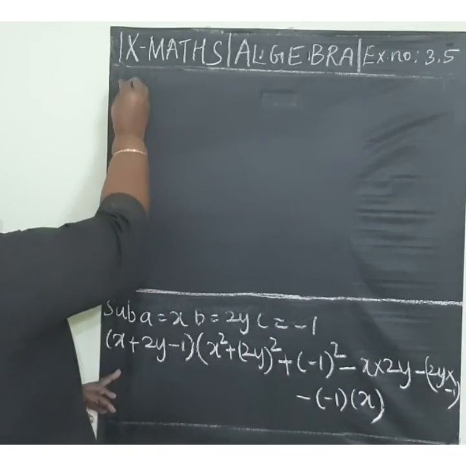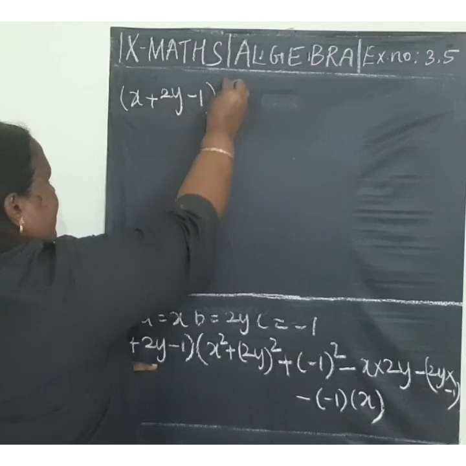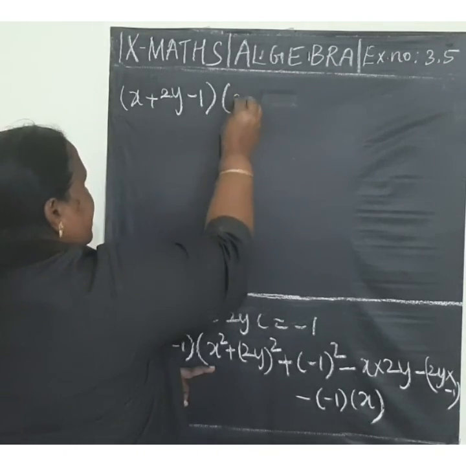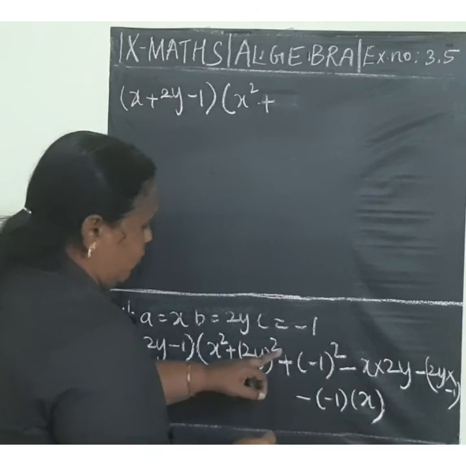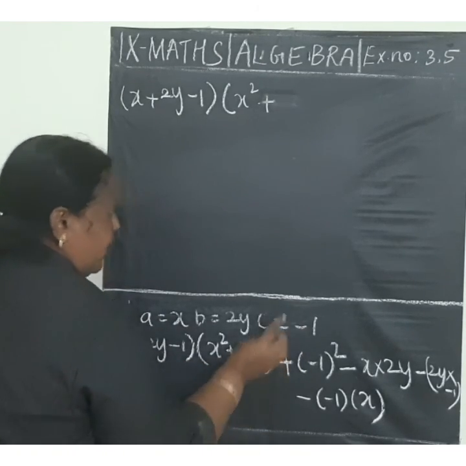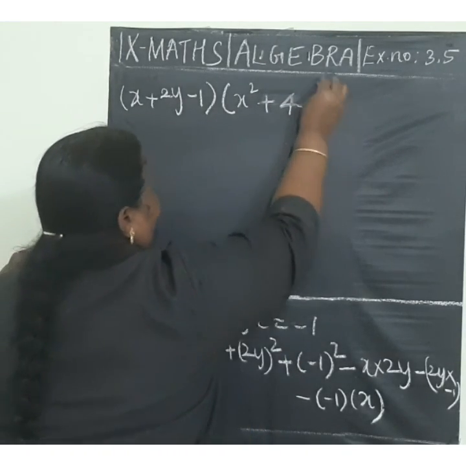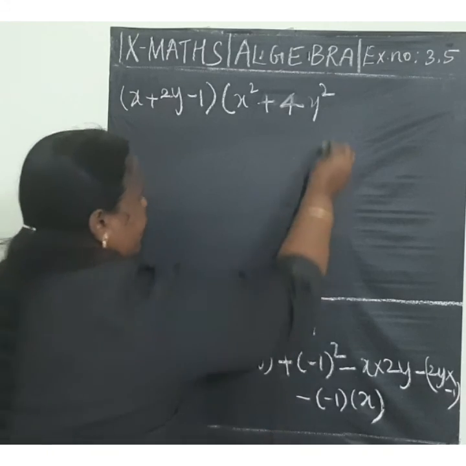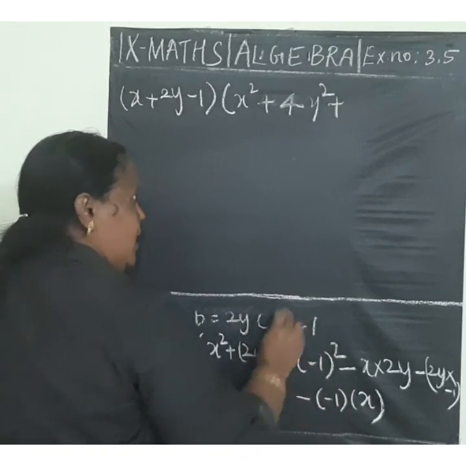Next we have to write x plus 2y minus 1 into this x squared plus 2y the whole square. So we have to square this 2 and y. So 2 squared is 4, y squared is y squared, so 4y squared, plus minus 1 the whole squared, which is minus 1 into minus 1, plus 1.